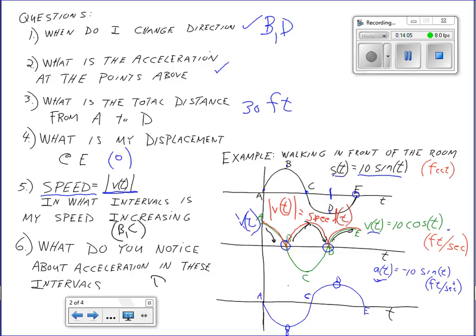So I start speeding up when I turn around at the right window, until I hit the middle of the room at C. Then I start slowing down as I get to the left window before I turn around. Then I speed up from D to E as I go back to the center of the room.